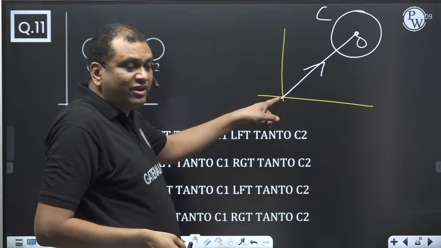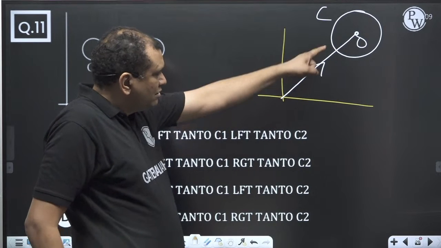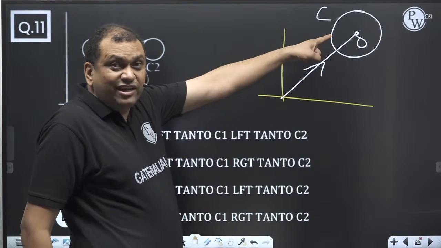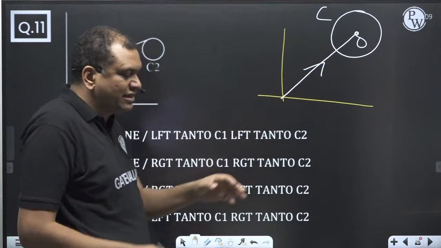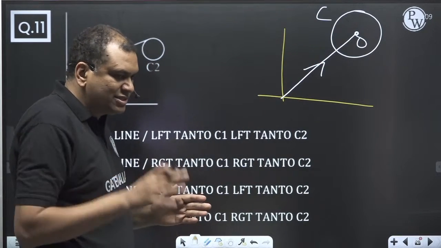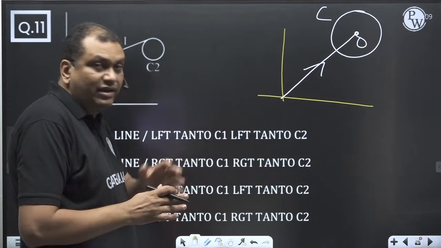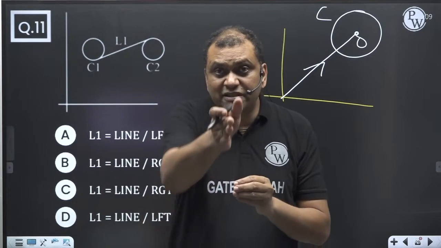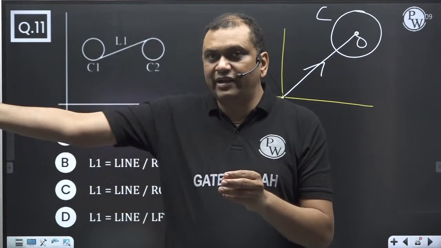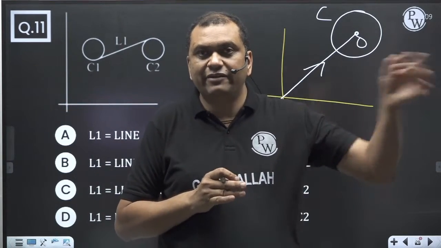I am going from the origin towards the center of the circle. Going from the origin towards the center of the circle, this is my right and this is my left.